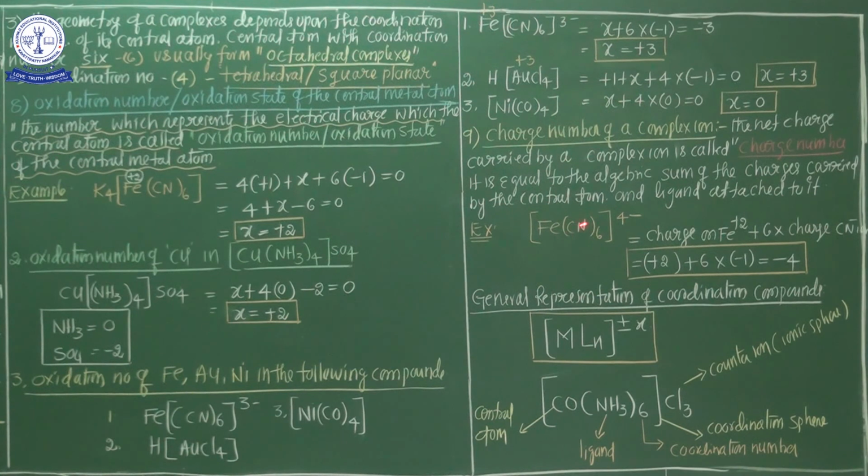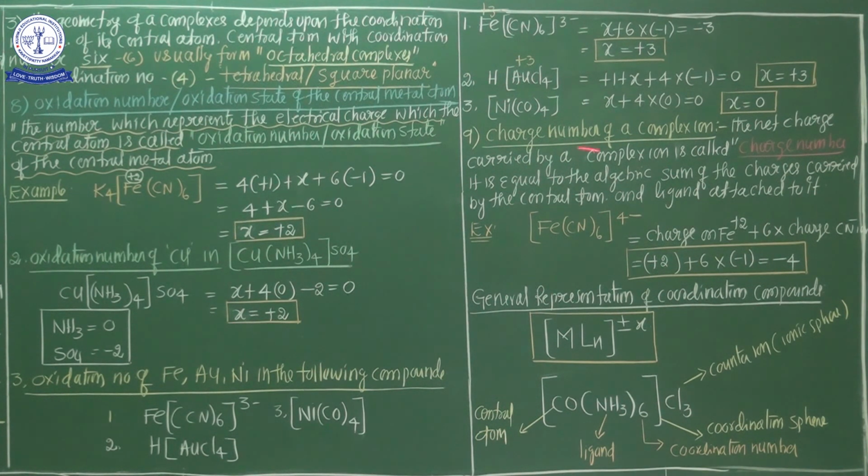The central atom oxidation state is almost similar to the charge number of the complex ion. Now see here, [Fe(CN)6]4-. What is the oxidation state of the iron here? Fe is plus 2, and 6 into minus 1, so the net charge is minus 4.